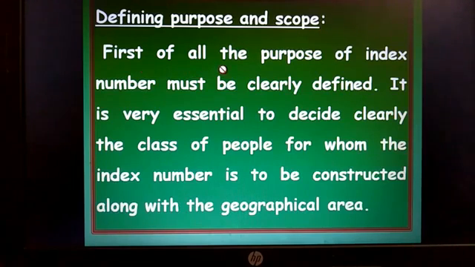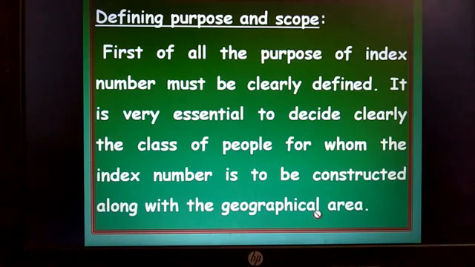First of all, the purpose of index number must be clearly defined. We should know for what purpose the index number is being calculated or constructed. It is very essential to decide clearly the class of people for whom index number is to be constructed along with the geographical area.